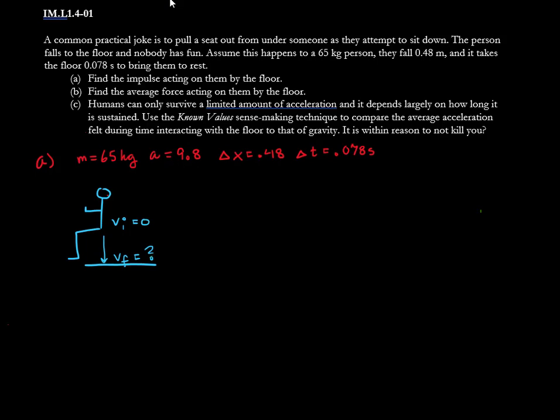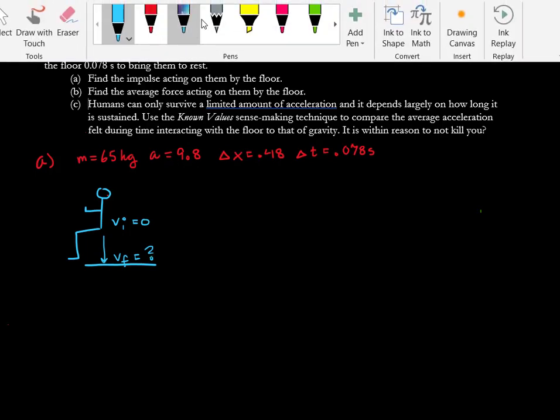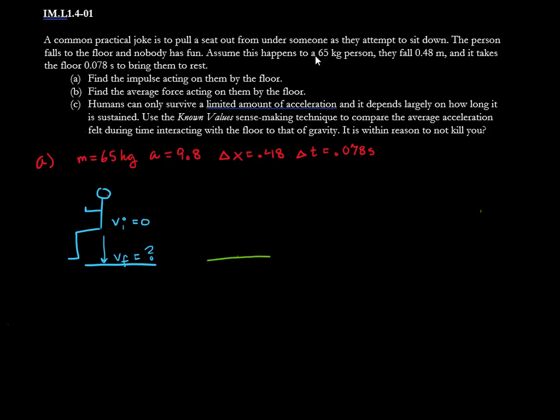And then the second part of the problem is once they've hit the floor, they're here, boom. So when they first hit the floor, their initial velocity is some unknown value, and their final velocity is 0. So that's what this change in time is about, the time it takes for their final velocity to become 0 once they hit the floor.